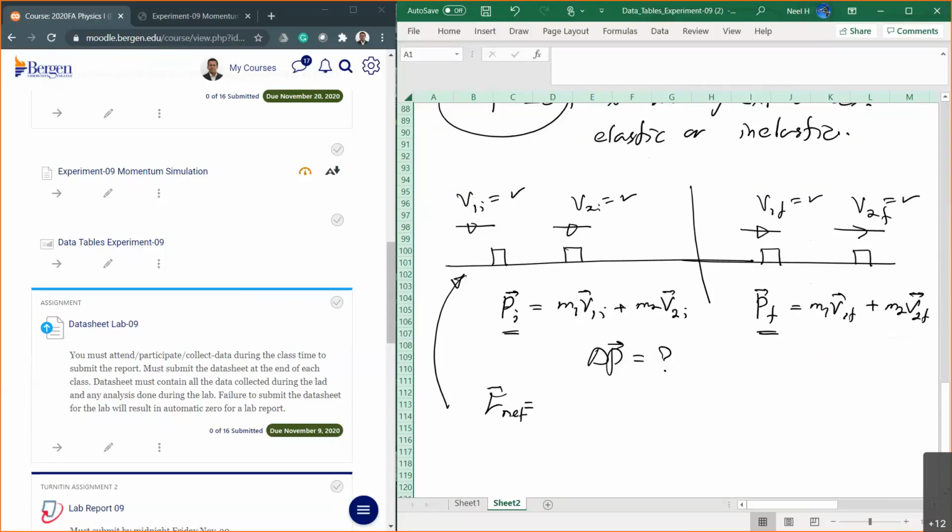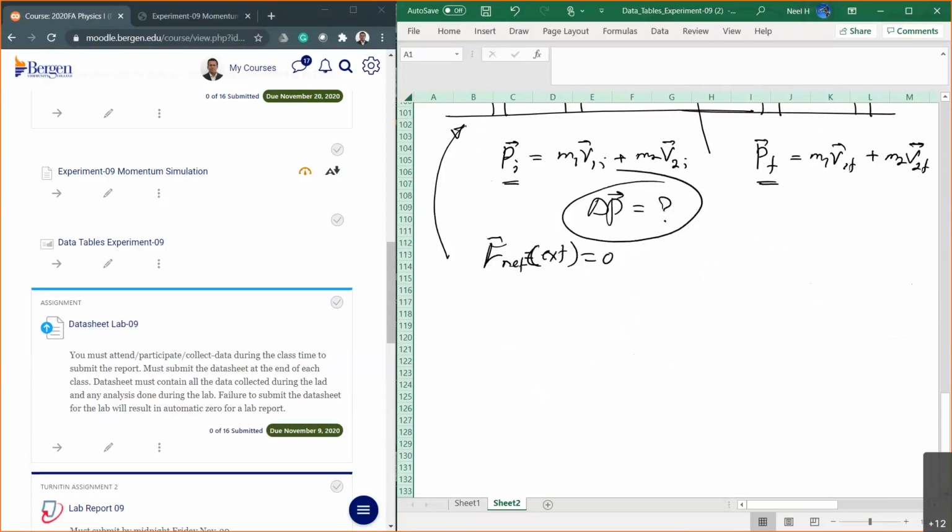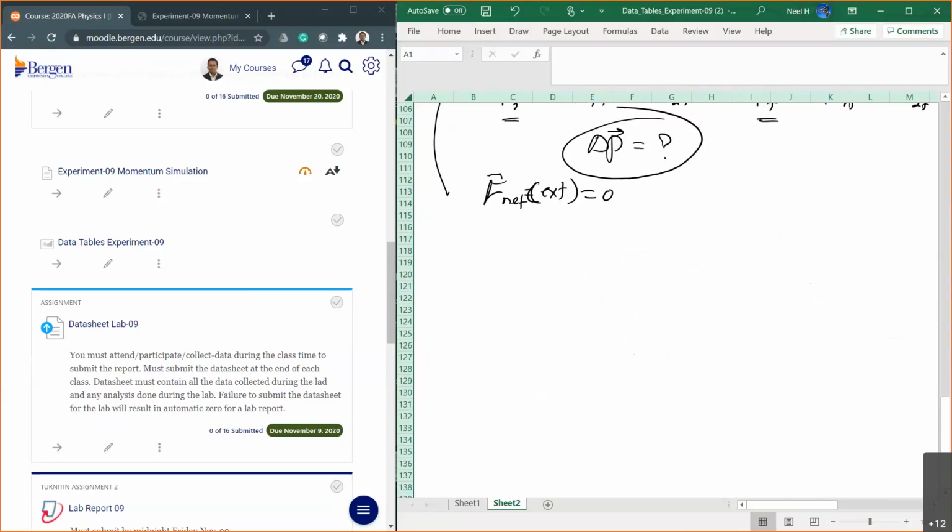If the net external force is zero during the collision, then momentum must be conserved. So I can check that. That is conservation law number one. We just need to know the velocities, and we also need to make sure friction is zero, right? If we're doing this in a class setting, we use an item called the air track.